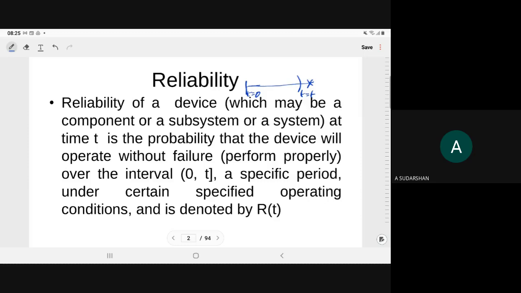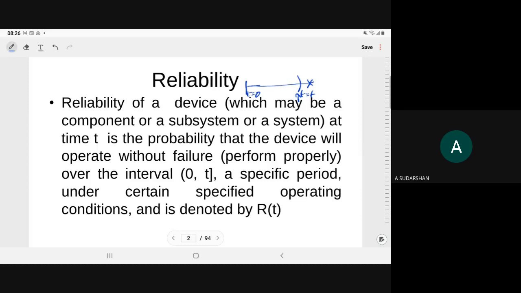So the probability that the device, whether a component, unit, subsystem or system, will operate without failure up to here, it is functioning, it is working, there is no failure, over the interval 0 to t under the specified operating condition, we denote by R(t).